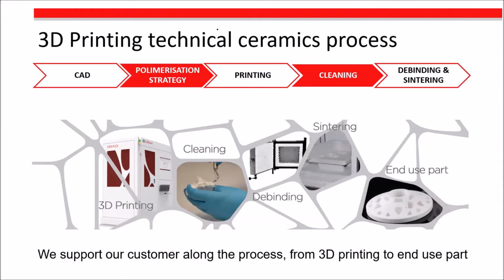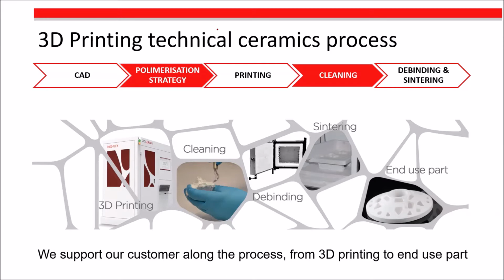You have to clean to remove the unpolymerized paste at the end of the printing, and 2 steps of firing: debinding and sintering. Debinding to burn the binder we put initially into the formulation, and sintering to fuse all the grains of ceramics together and obtain a fully dense part.